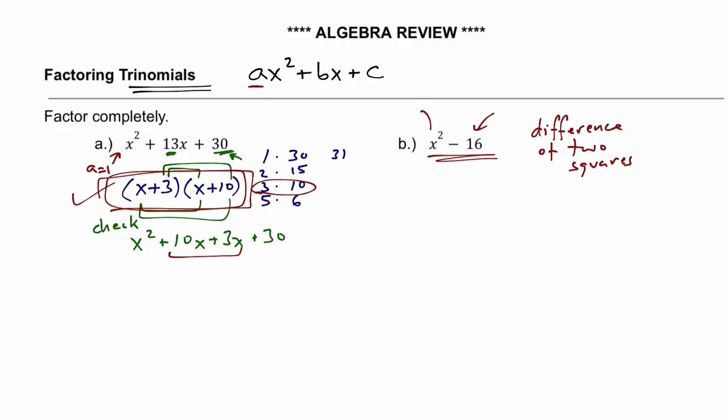And this will, in general, factor as x minus 4 and x plus 4, or I should say this particular one factors as x minus 4 times x plus 4. In general, whenever you have a squared minus b squared, it factors as a plus b times a minus b.